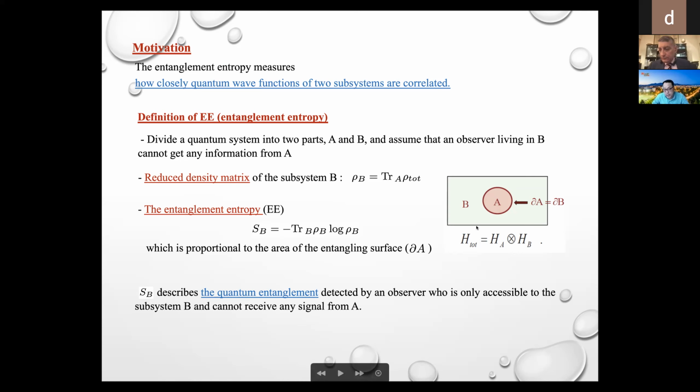In this case, there are two subregions, A and B. We divide these two regions by the border of A. We call this border the entangling surface.